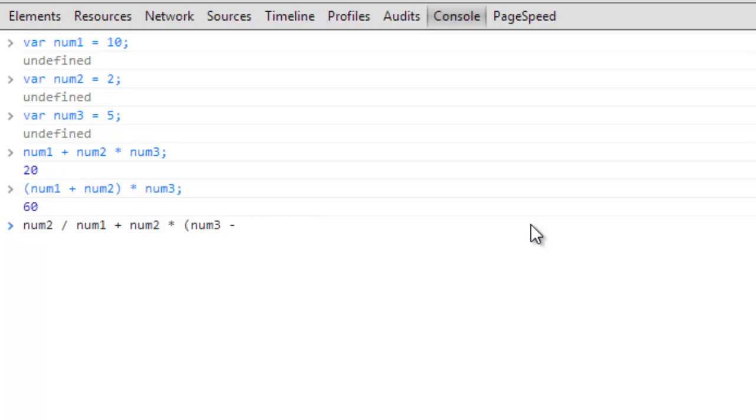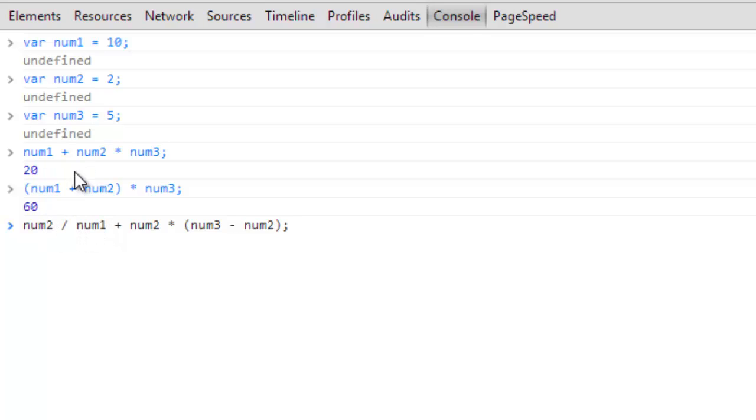Okay, I want you to follow along as I'm running through this and see what answer you think this will equal. Well, if we use the order of operations, we know that we're going to take num3 minus num2. So we're going to take 5 minus 2, which is going to equal 3. And then we still, though, are going to do this division.